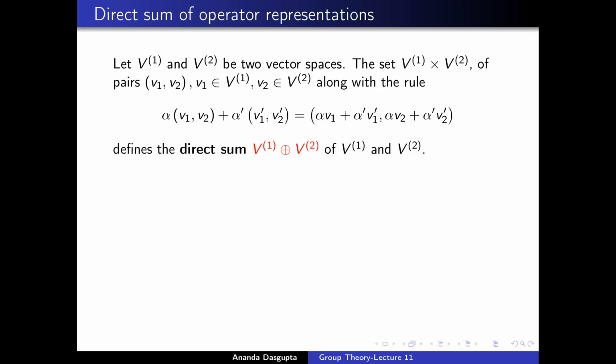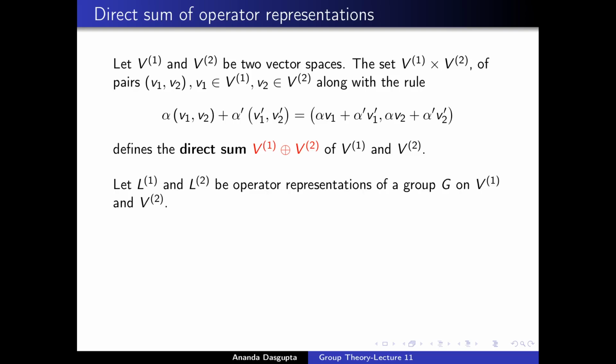Now, given this independence, so to speak, of the two constituent vectors which make up an element of the direct sum vector space, it is sort of easy to see how you can define a representation on the direct sum space if you have two representations L1 and L2 on the two vector spaces V1 and V2 of, of course, the same group, capital G.